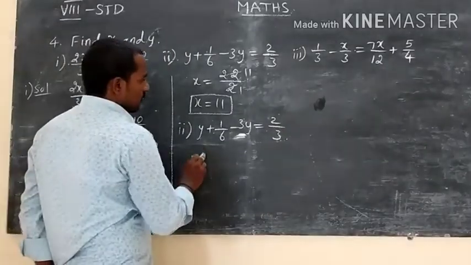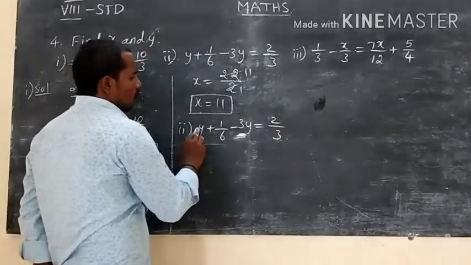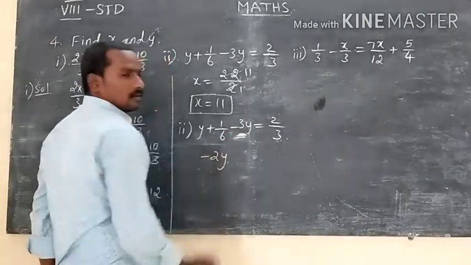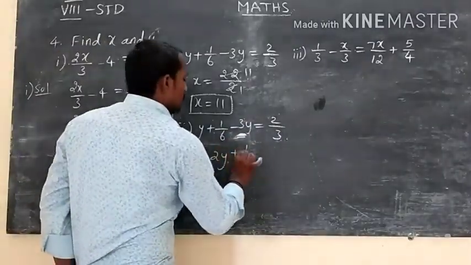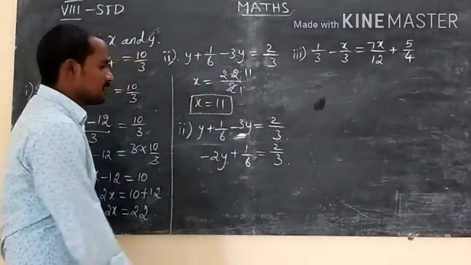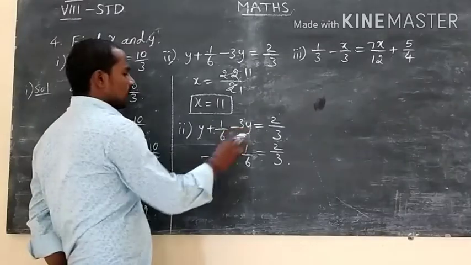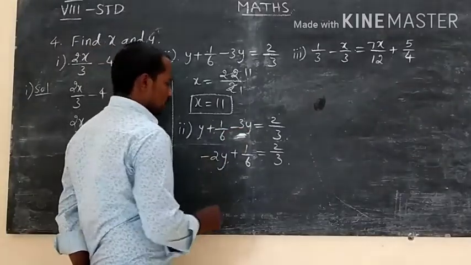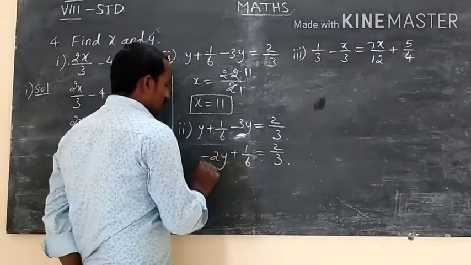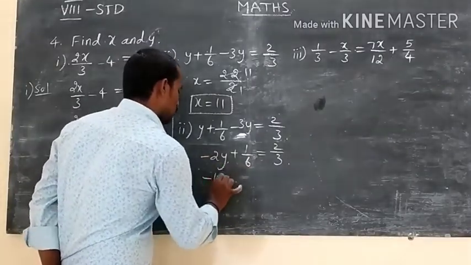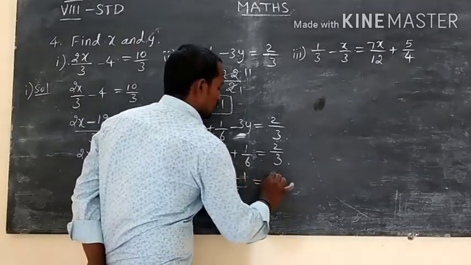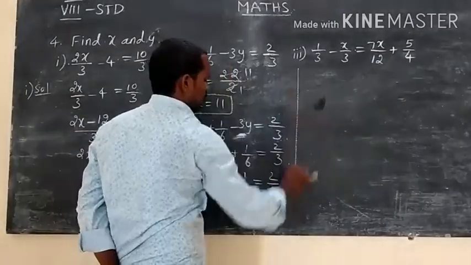Then the second question, y plus 1 by 6 minus 3y equal to 2 by 3. Okay, so the solution, y minus 3y is minus 2y plus 1 by 6 equal to 2 by 3. Then minus 2y, using the cross multiplication, 6 2s are 12y plus 1 divided by 6 is equal to 2 by 3.